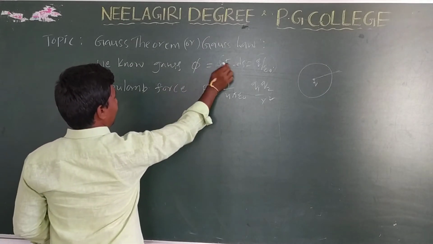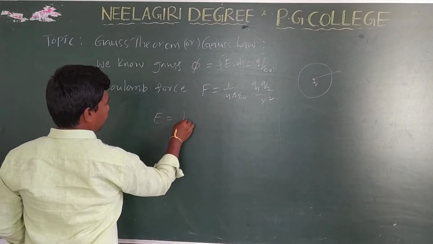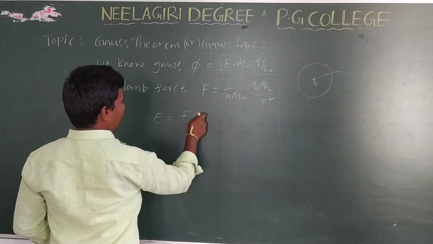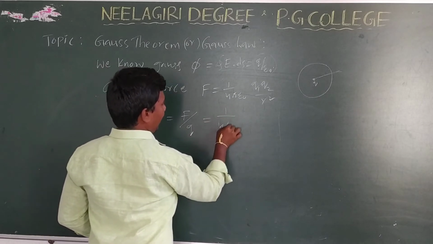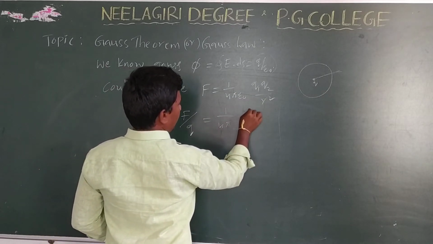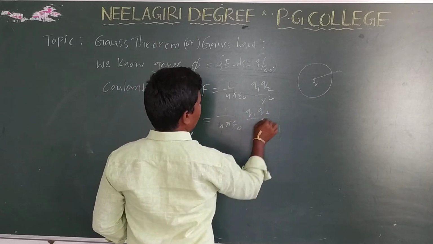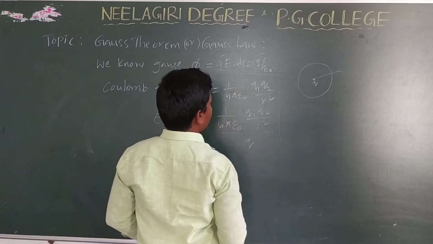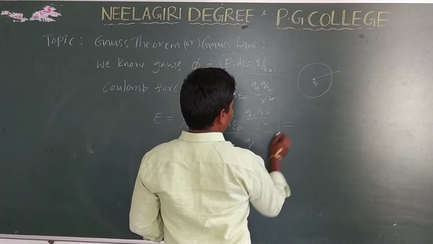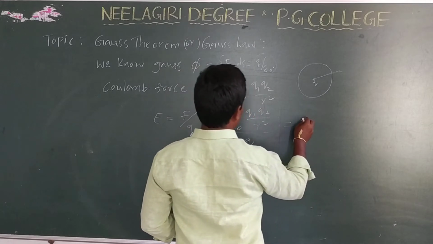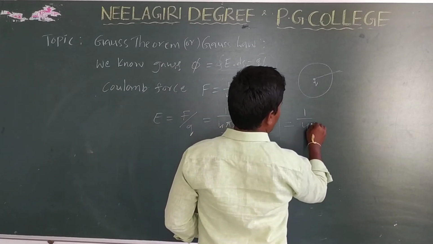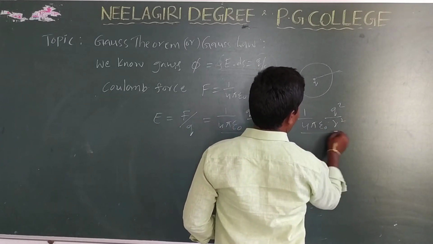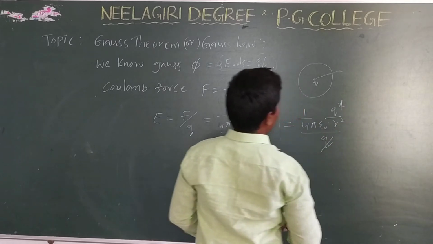So we consider the electric field E, which is equal to F by Q. We put the F value in this equation, 1 by 4 pi epsilon naught Q1 Q2, where both are Q: 1 by 4 pi epsilon naught, Q square by R square by Q. So one Q cancels.